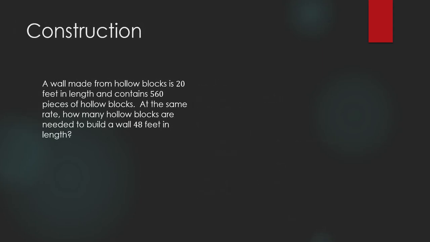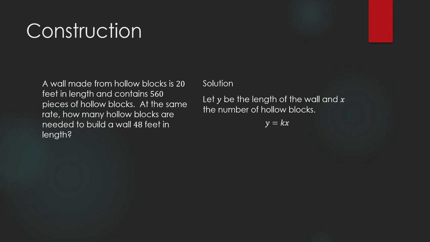Let us now answer the main question in this problem. At the same rate, how many hollow blocks are needed to build a wall 48 feet in length? This is how we define our equation. Y is the length of the wall, x is the number of hollow blocks, where k is equal to 1 over 28.